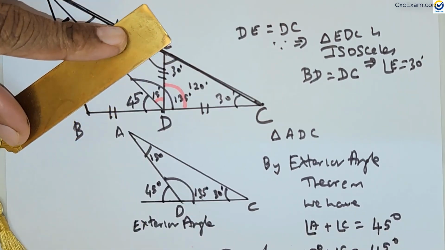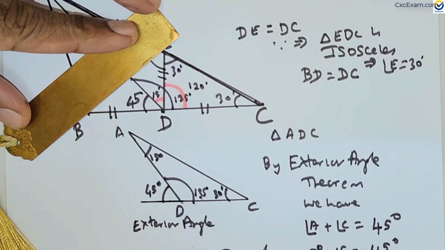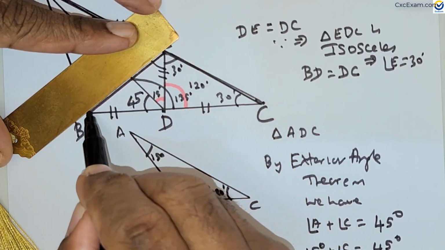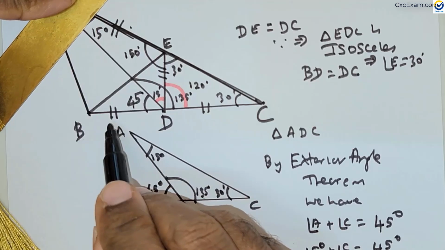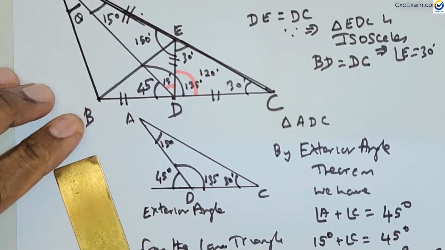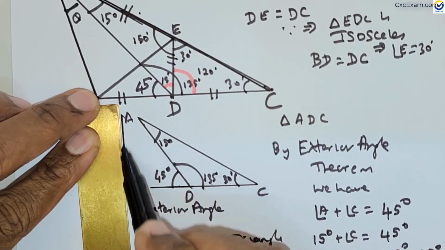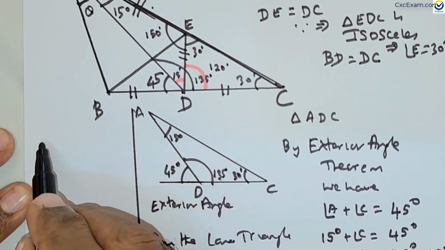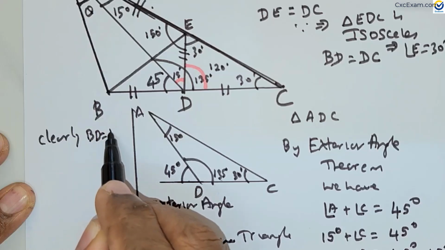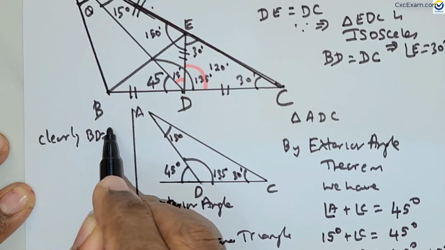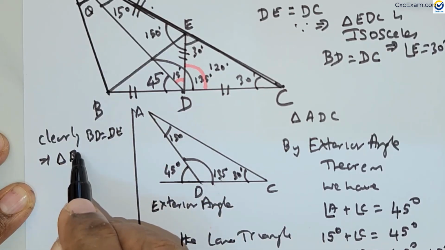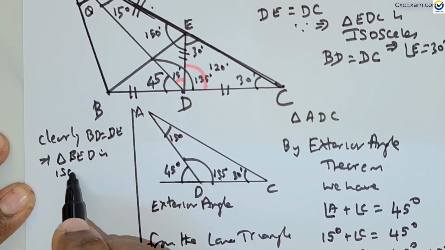What I wish to do is complete the triangle by joining B and E. Now clearly you see BD is equal to DE. So triangle BED is isosceles.